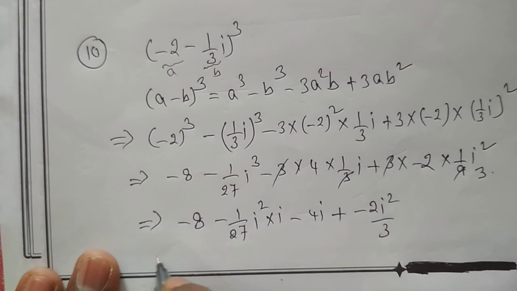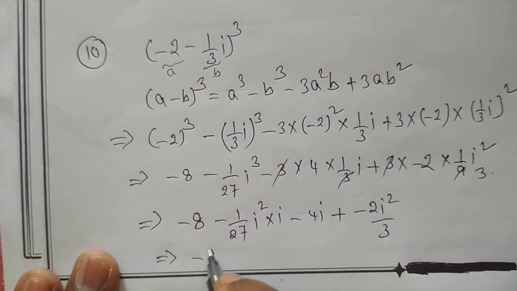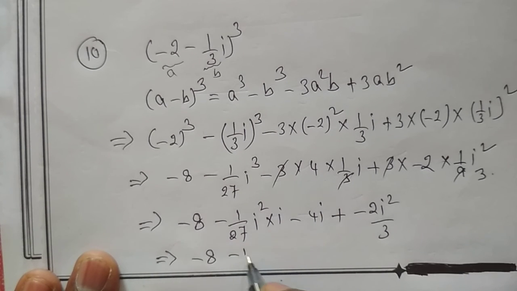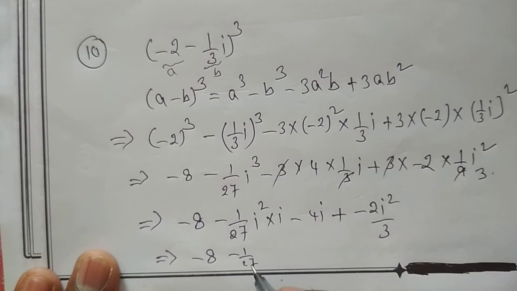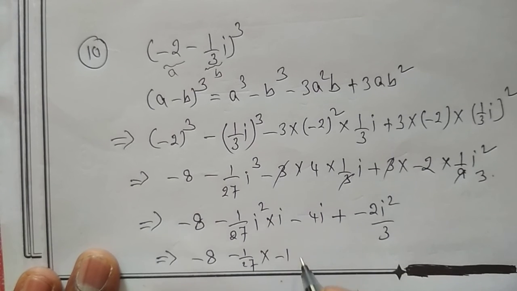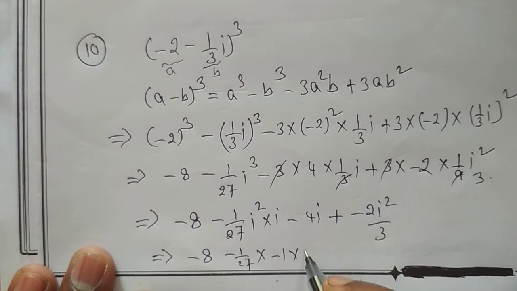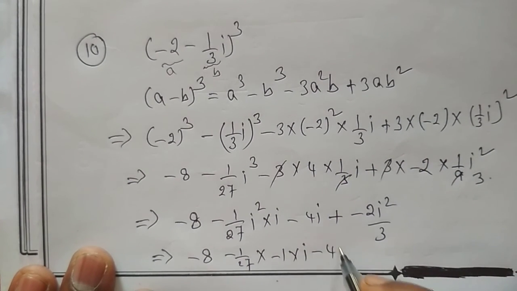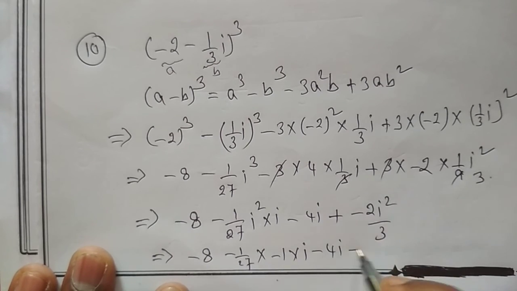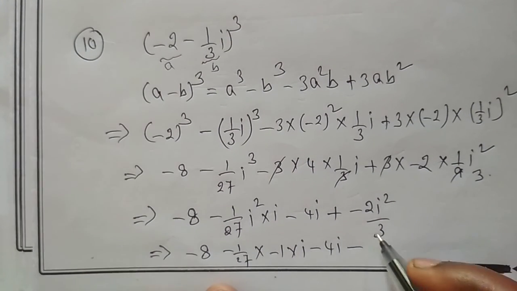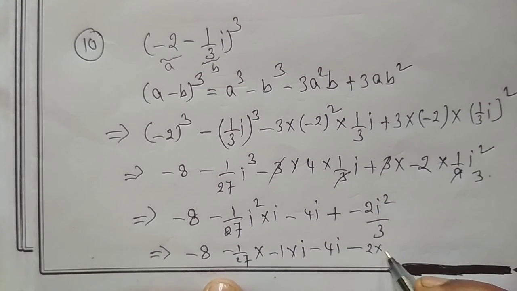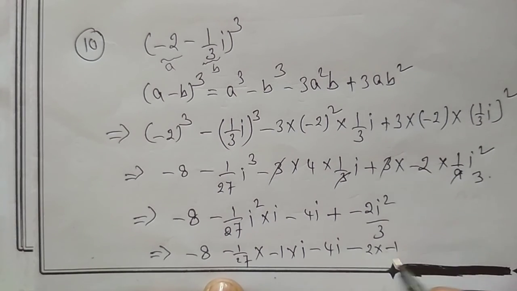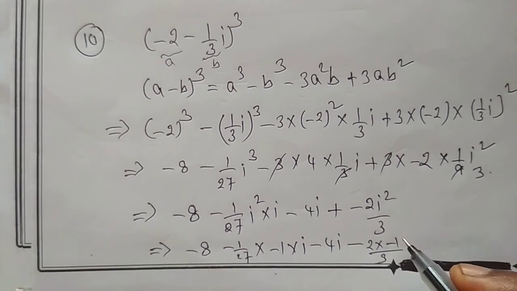Now we simplify. That implies minus 8 minus 1 by 27 into minus 1 into i minus 4i minus 2 into minus 1 by 3.